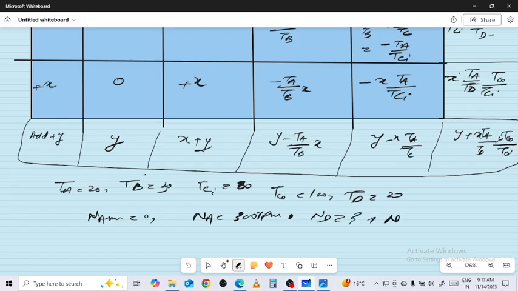Then speed of arm is equal to 0, which is the value over the y.